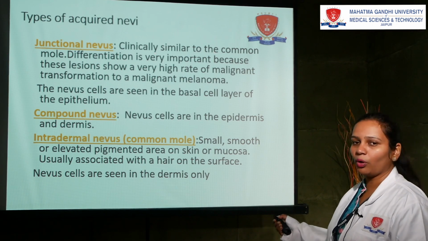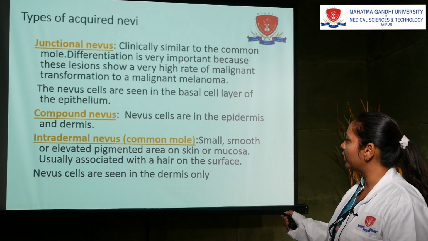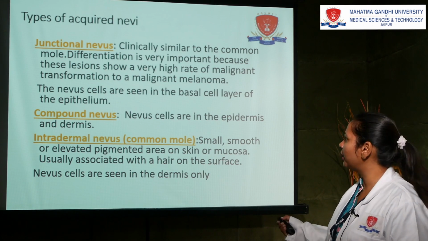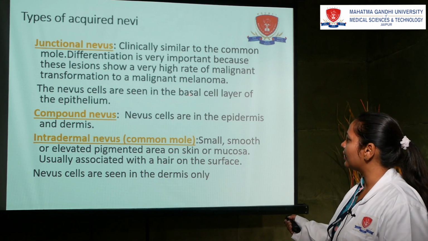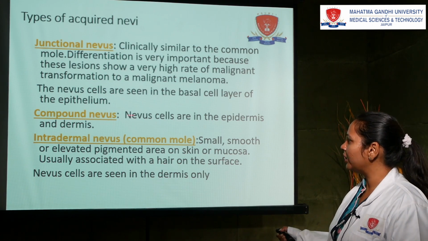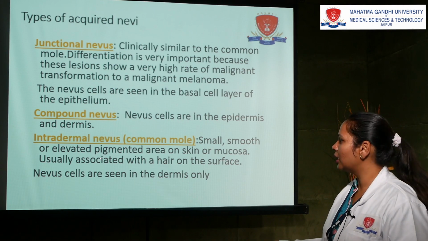Differentiation is very important because these lesions show a very high rate of malignant transformation to malignant melanoma. The nevus cells are seen in the basal layer of the epithelium. In compound nevus, cells are seen in the epidermis and dermis.